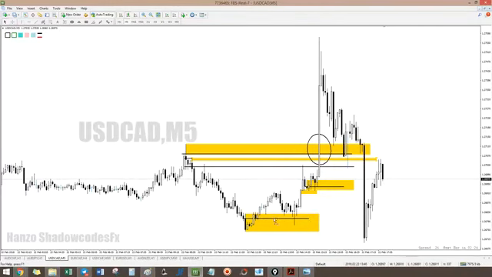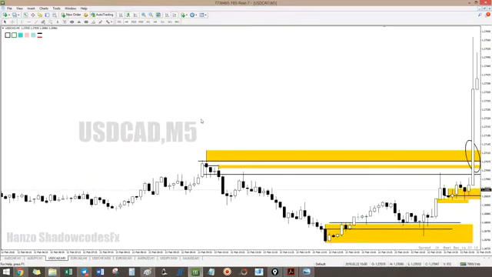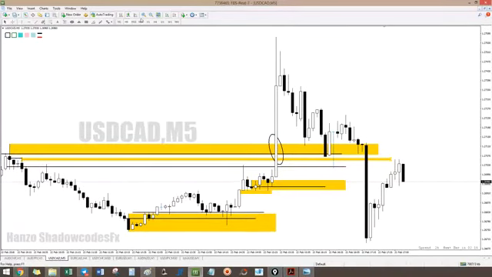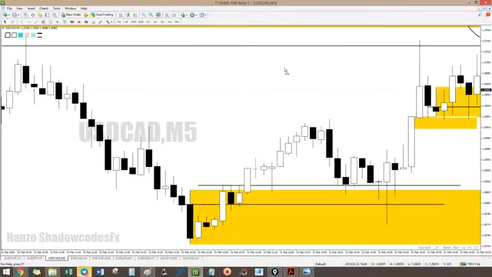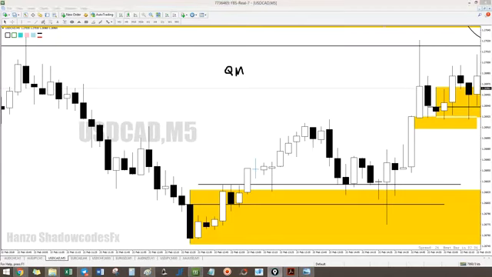Okay, I will show you. A good rejection is when the candle body, let me zoom in there, this candle body, let me mark this one, cannot close inside of this space. Inside this space area, this space only got rejection.